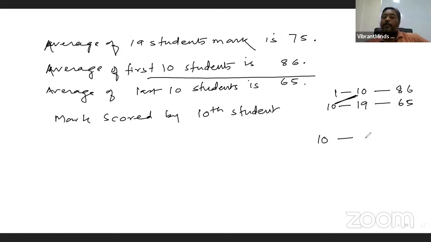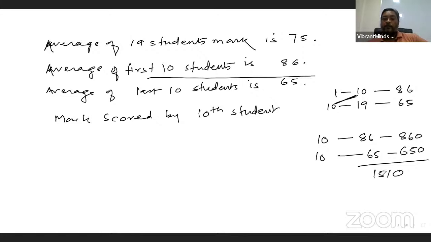For the first 10 students, 86, so it will be 860 marks. For the last 10, it will be 65, that is 650 marks. So this will be 1510 marks.